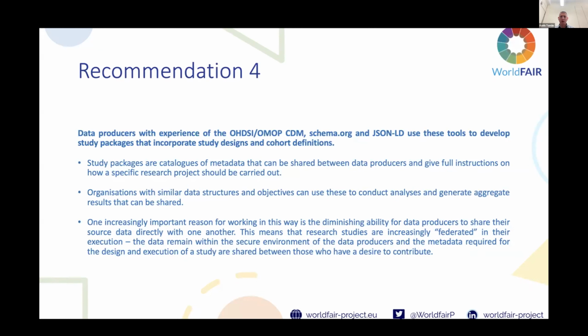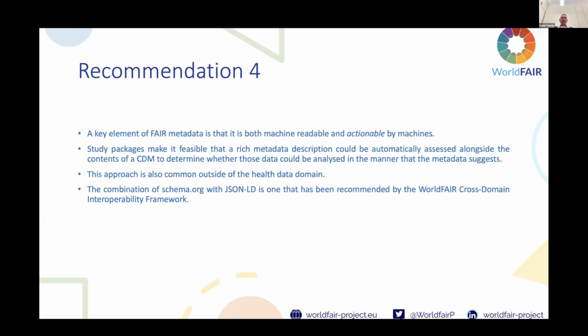And so, with these structures in place, you can share the design and execution of a study between those who desire to contribute towards that. And leading on from this, in terms of technical capability, we talk about metadata being both readable and actionable by machines.